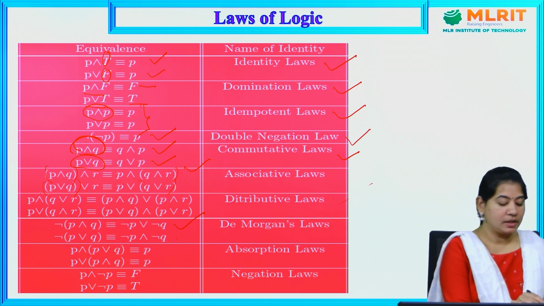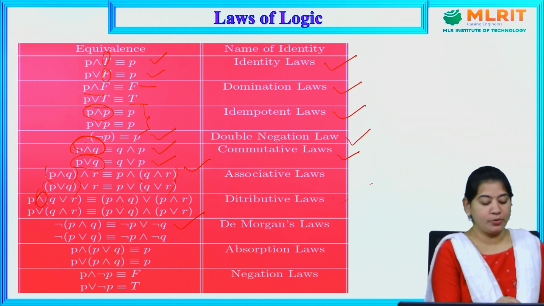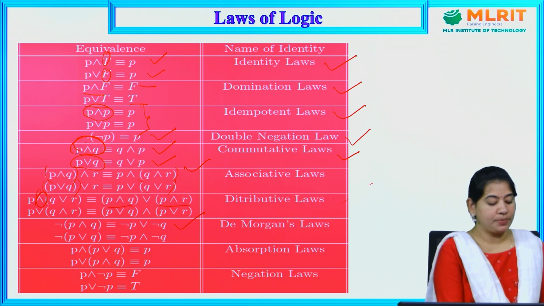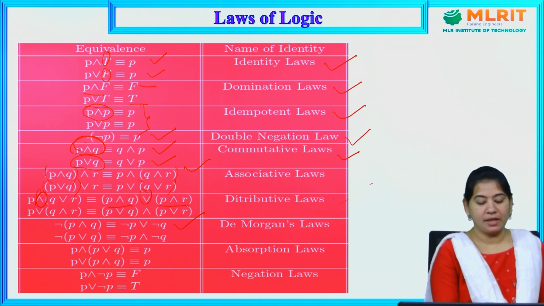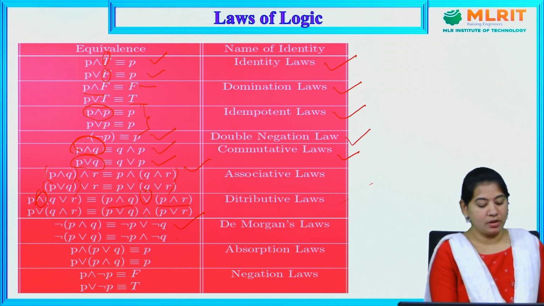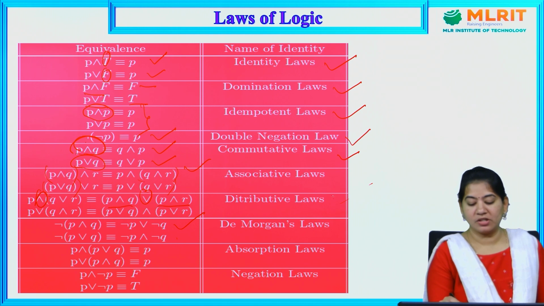The and operator is distributed to both variables: P and Q, then the or in the middle, and P and R. You can also do it vice versa: P or (Q and R) is equivalent to (P or Q) and (P or R). This is the distributive law.